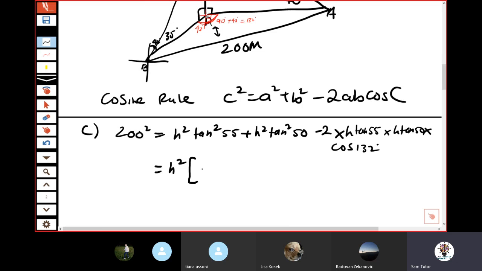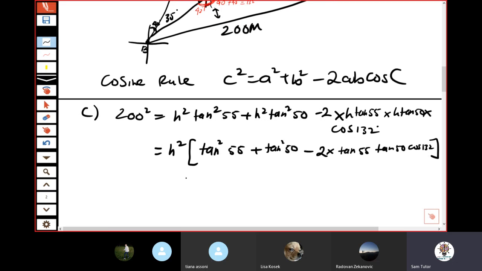So what I'm left with is tan squared 55 plus tan squared 50 minus 2 times tan 55, tan 50, cos 132. Anybody have any questions there? That's pretty much meant to be the hardest line, learning how to factorize this properly.